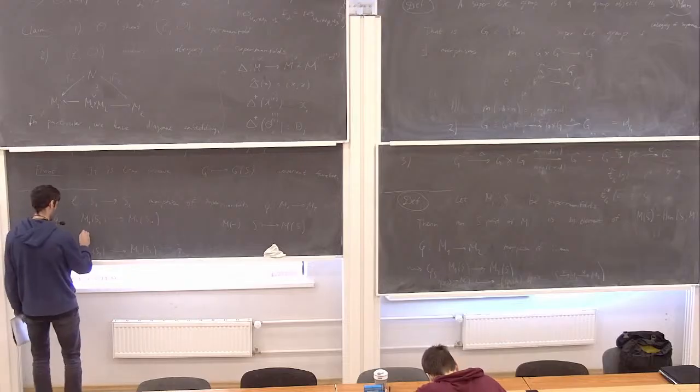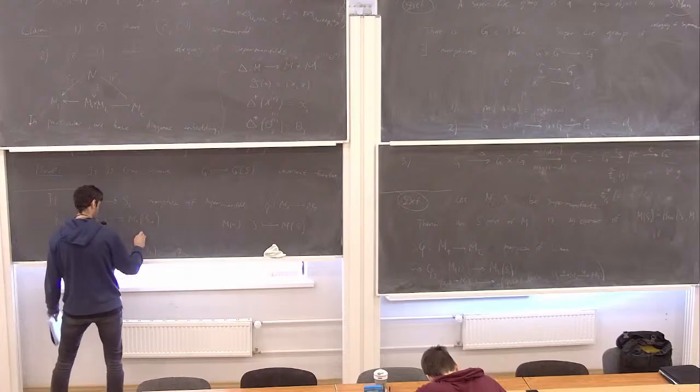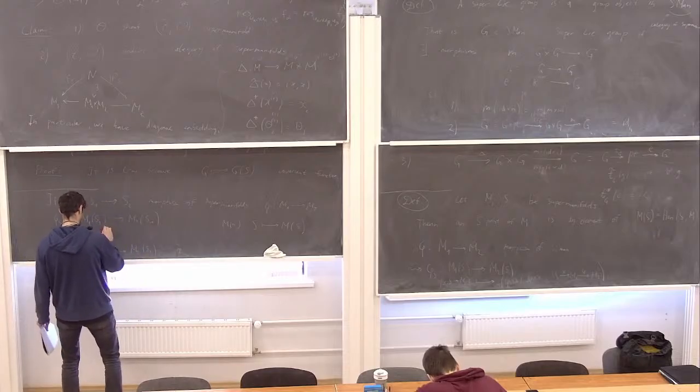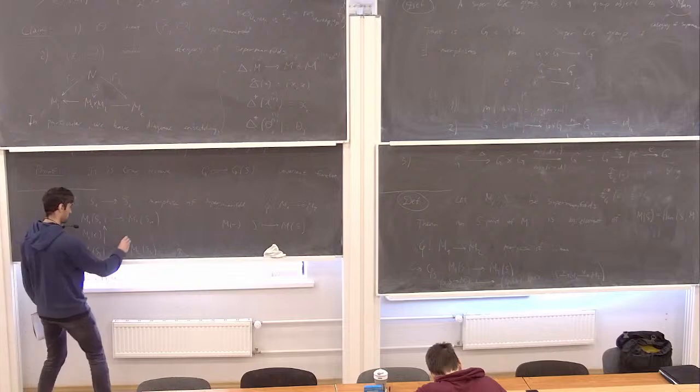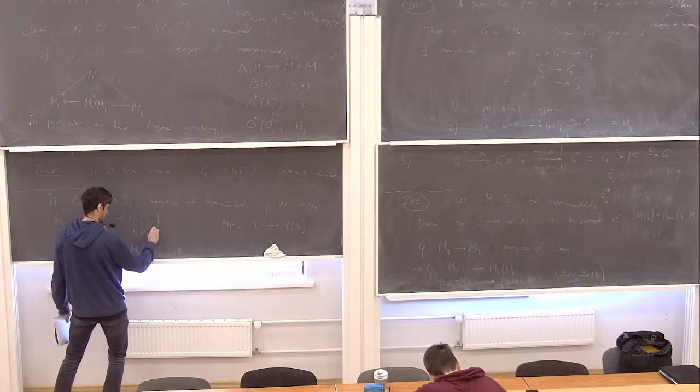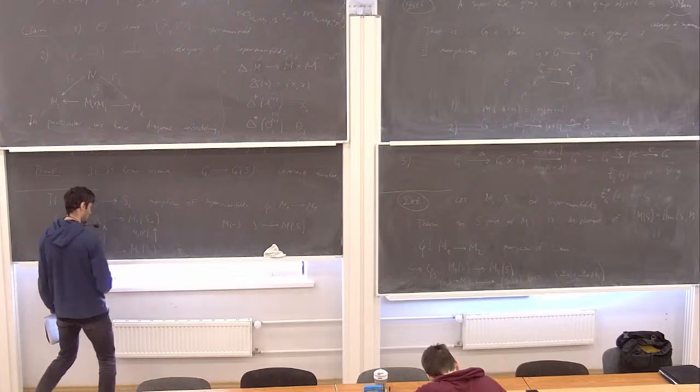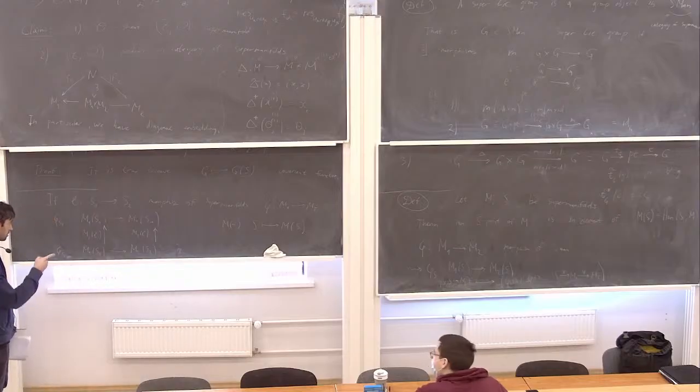So I can write M1 of L here and M2 of L here, this arrow in this direction, because this functor is contravariant.